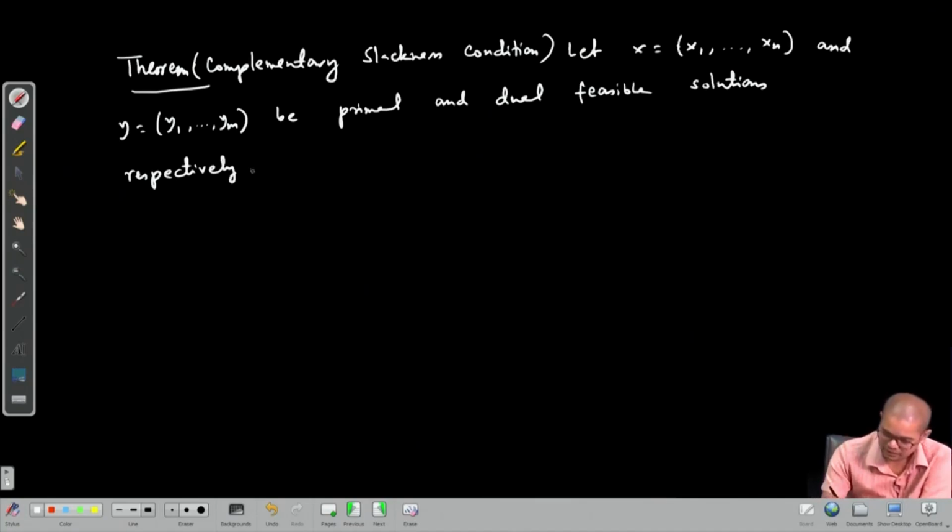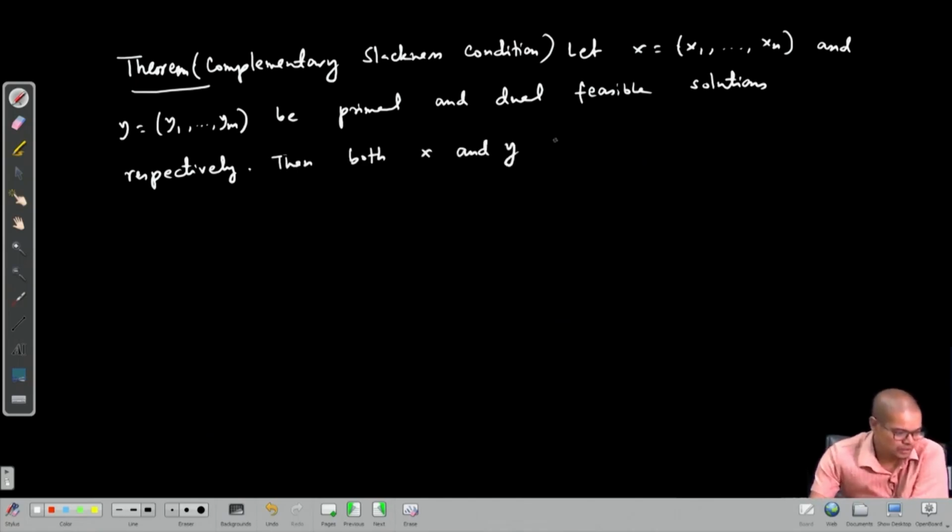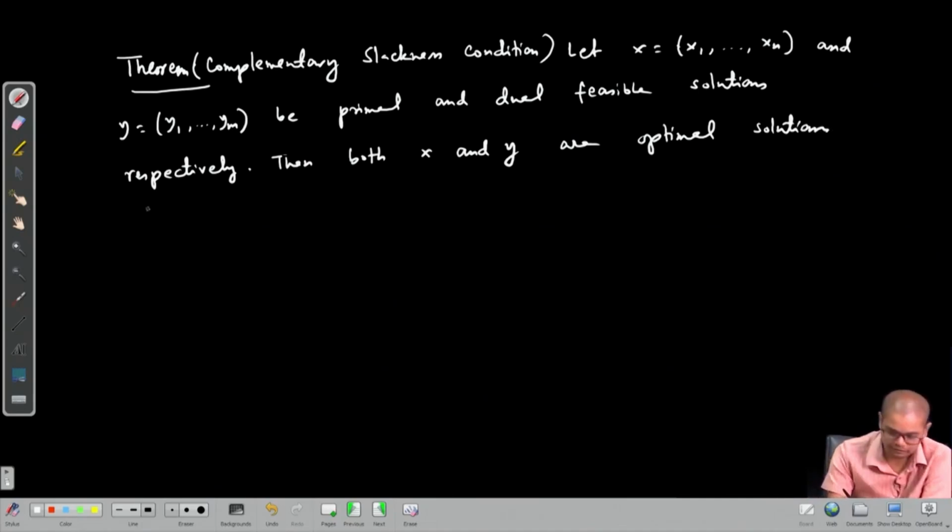Then both x and y are optimal solutions if and only if the following conditions are satisfied.